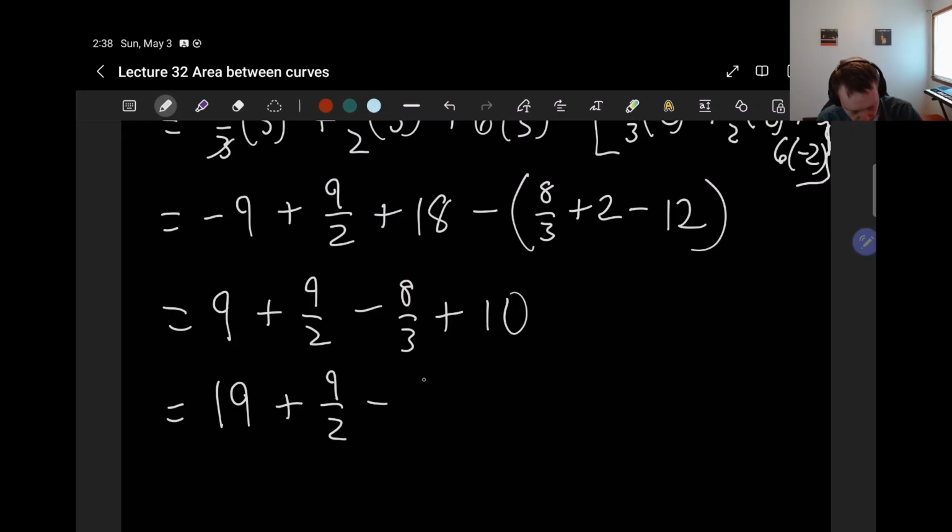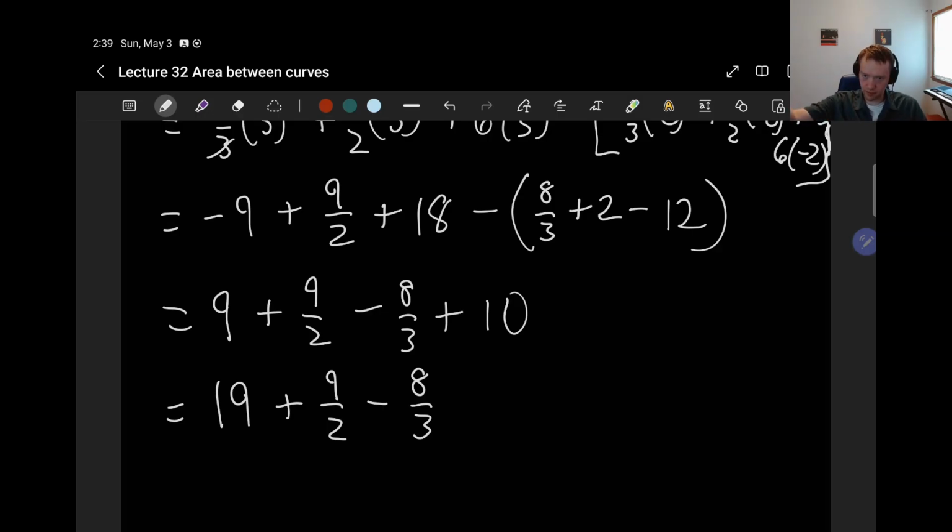And we'll have to get a little more creative at the end here. If we're adding fractions, we're going to need a common denominator. So the best way to make that work is to have these both be over 6. 2 times 3. We'll go ahead and do that with the 19 as well.